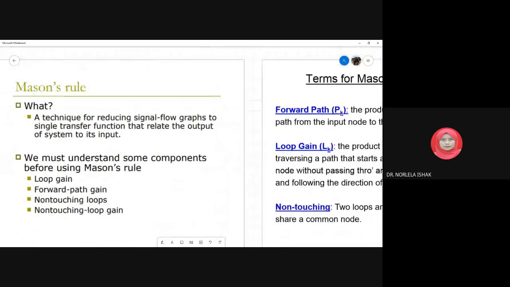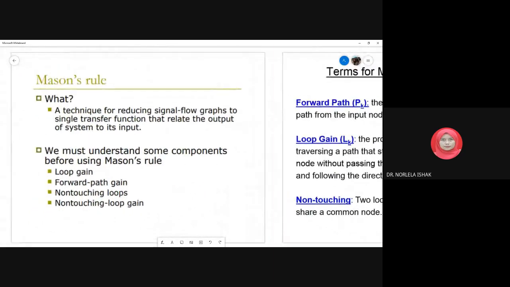So this is the way we convert block diagram into signal flow graph. But how we want to define the transfer function? Macam mana nak check transfer function pula? So we use Mason's rule to define the transfer function.